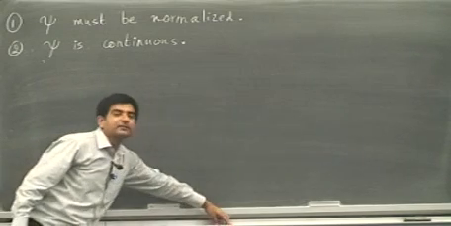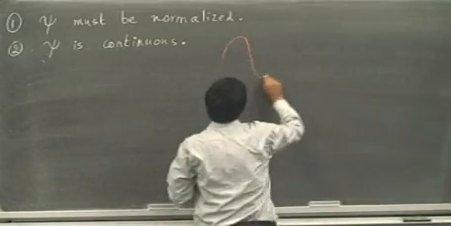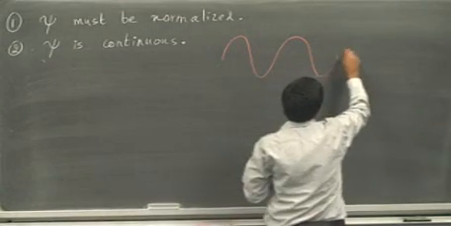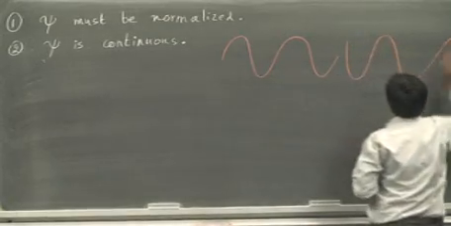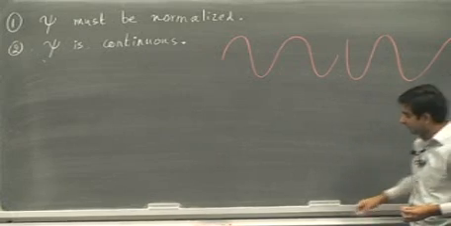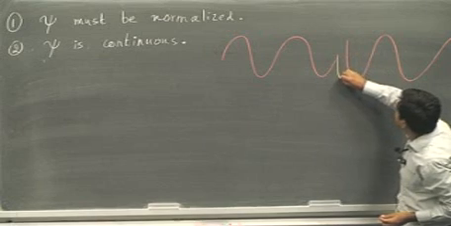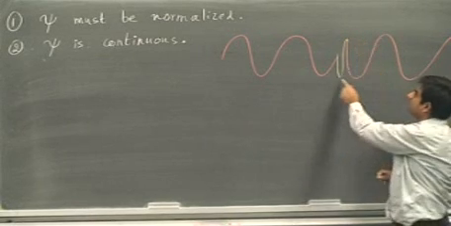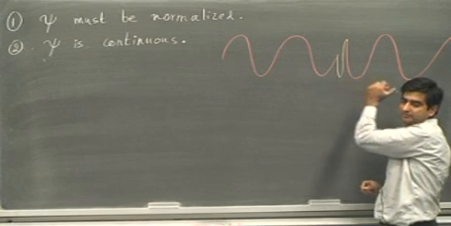And why does the wave function have to be continuous? Suppose we have a wave function like this. Now here there is a discontinuity in the wave function. Now a discontinuity can only be achieved by having here a wave that has zero wavelength.